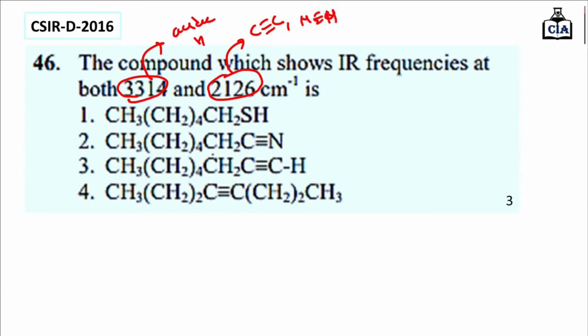If you look at structure 2, it will contain both. If you look at the compound third, it contains both a carbon-carbon triple bond and the acidic hydrogen which is attached to the sp hybridized carbon atom. So option third is the correct answer.